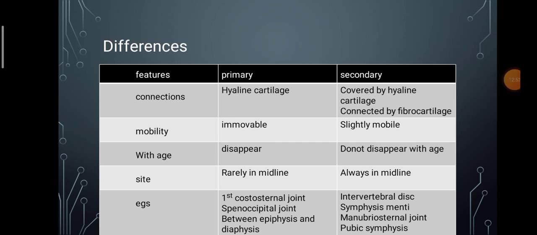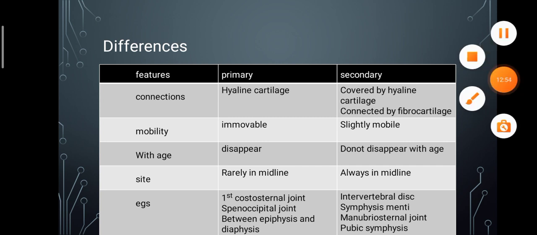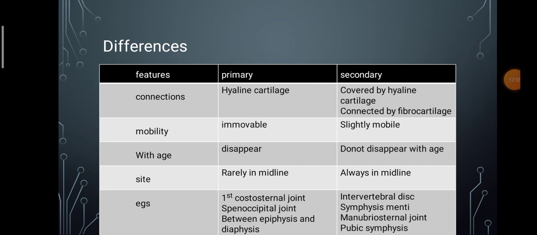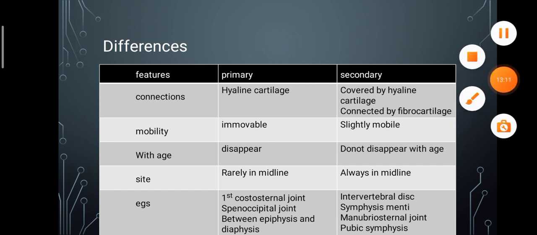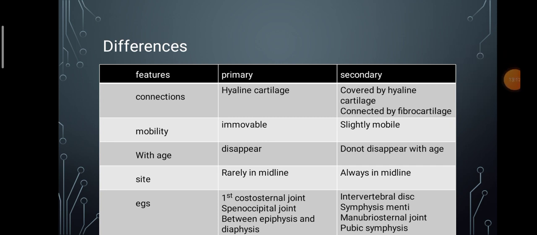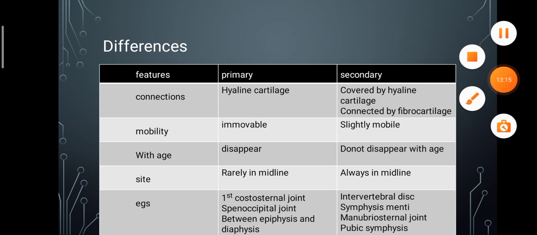Primary cartilaginous joint disappears with age, and secondary cartilaginous joint does not disappear with age. Primary cartilaginous joint rarely occurs in the midline, while secondary cartilaginous joint is always present in the midline. And you know the examples under primary and secondary cartilaginous joint.